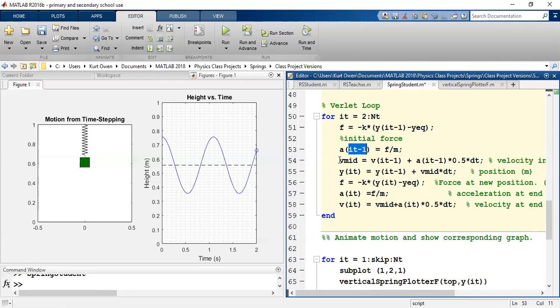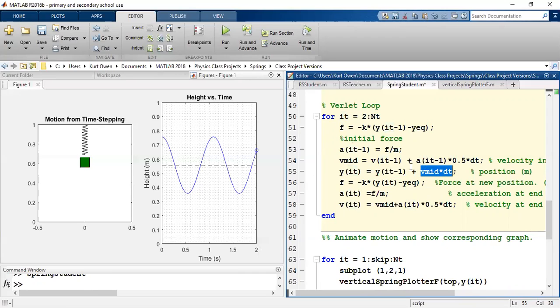And then in the Verlet loop, we find a middle velocity right at the middle of the interval by taking, notice right here, a half time step. That gives us a middle velocity. Then we use the middle velocity to take our time step to get the next position. So line 55 gives me the next position from the previous position and the middle velocity times time.